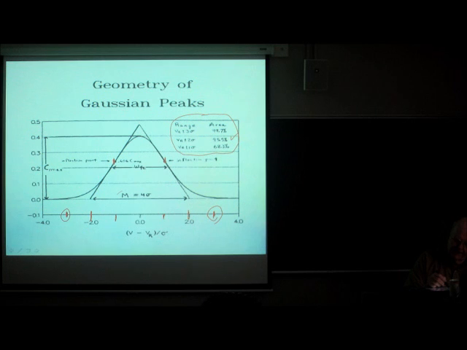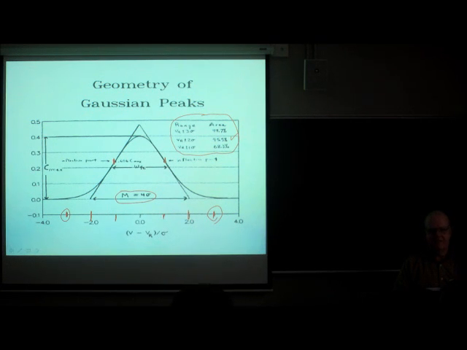See this quantity here, M equals 4 sigma. M is what's referred to as the baseline peak width. That isn't exactly what it is.